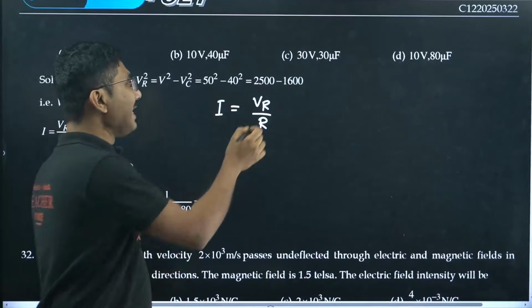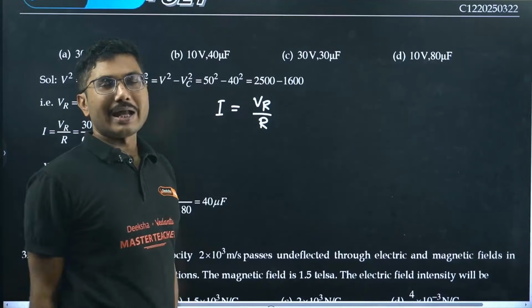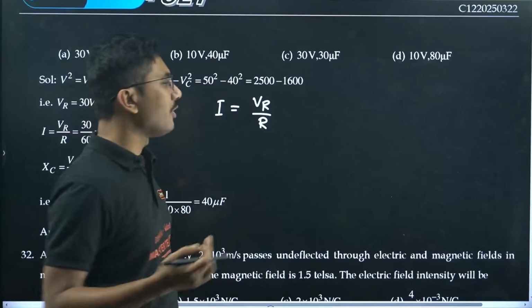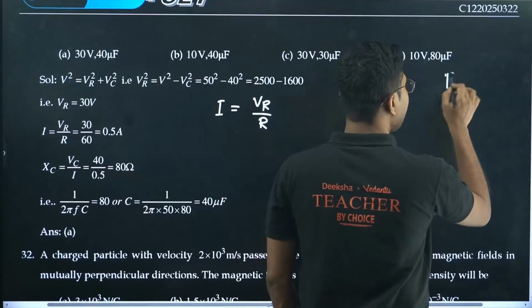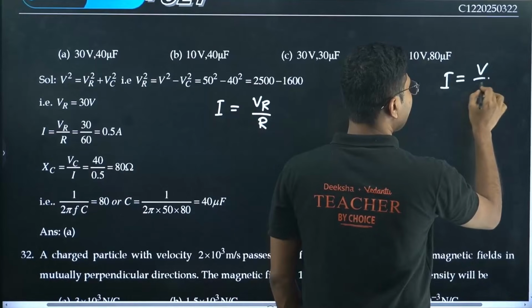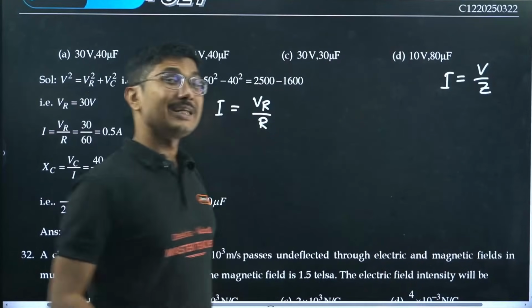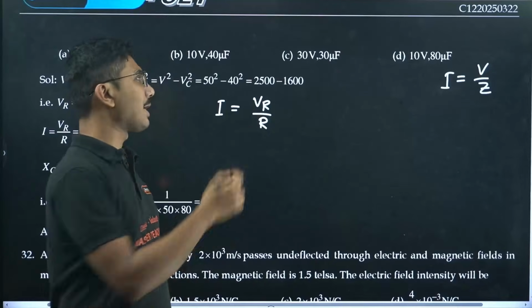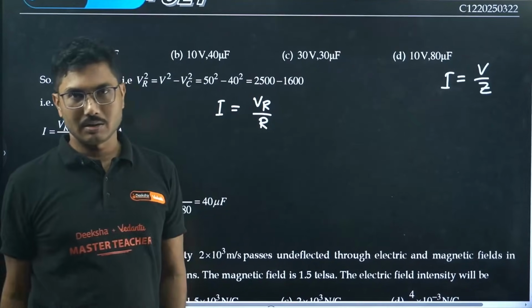Only if you know VR can you calculate current by this method. If you do not know VR, if only V is known, current is given by V upon Z, where V is the total voltage. But if you know the component voltage, then you can write current equals VR by R.